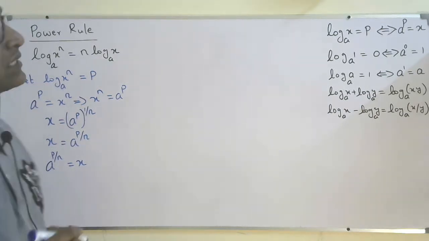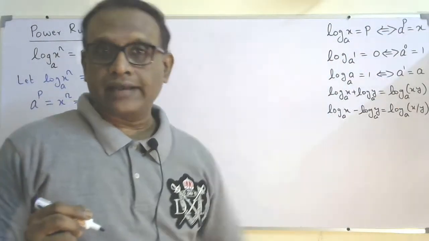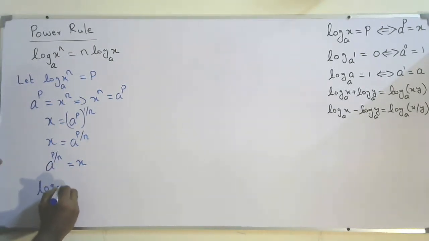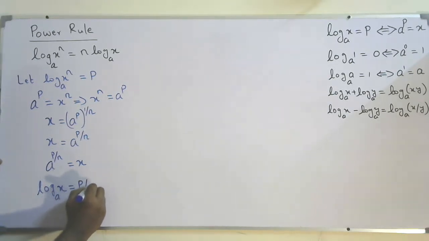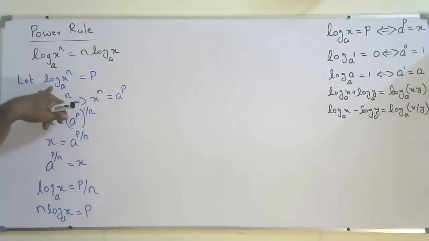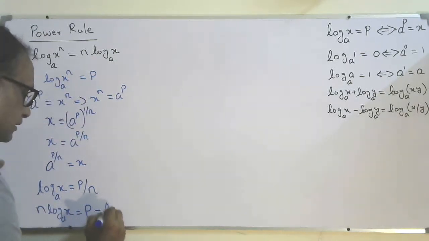Okay, now I'm going to use the definition of logarithm again. What does it mean? Log a of x equals p over n. Cross multiply: n log a of x equals p. But what is p? p equals log a of x to the power n.